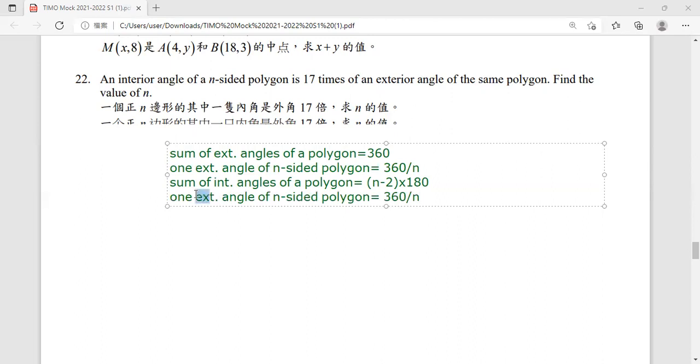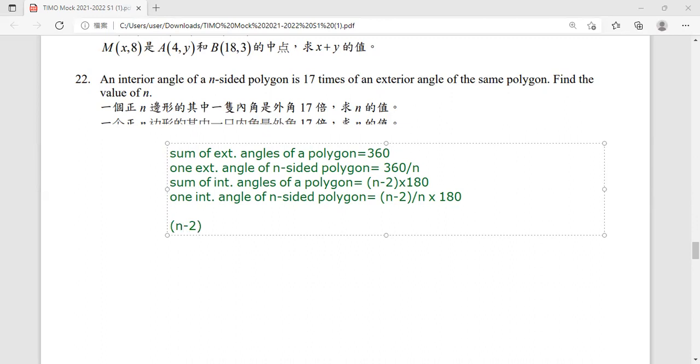One interior angle will be n minus 2 over n times 180. And then you equate these two. Now this is 7 times 4 over n equal to 70 times 360 over n.